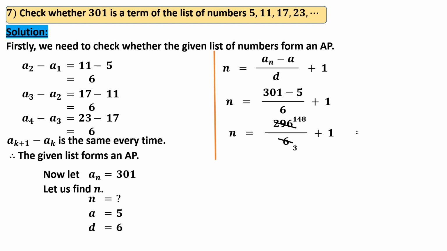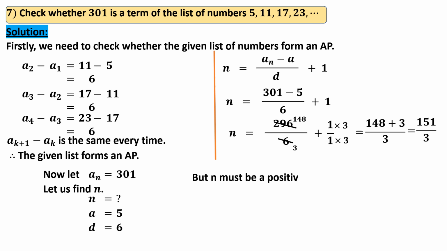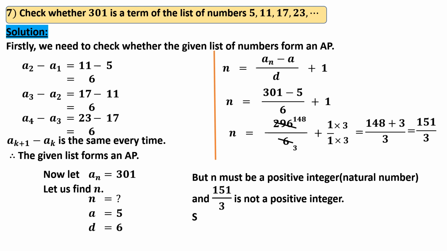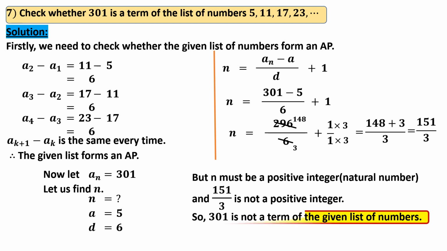plus 1. 2 3s are 6, 2 148s are 296, so it equals 148 over 3. Let us add them together. 1 can be written as 1 over 1 and the common denominator, LCM of the denominators, is 3. Therefore, this becomes (148 plus 3) divided by 3, 151 divided by 3.